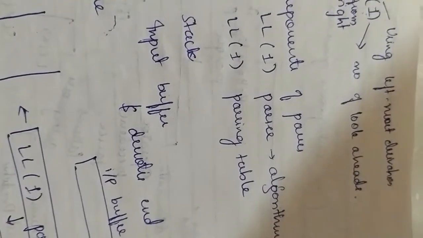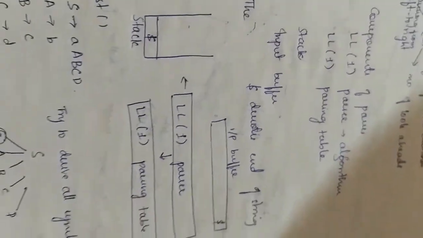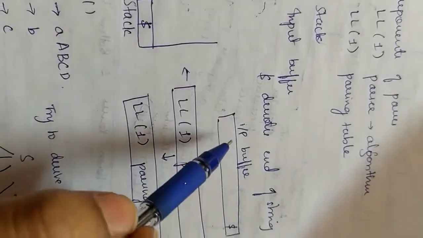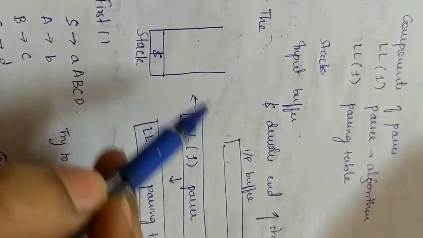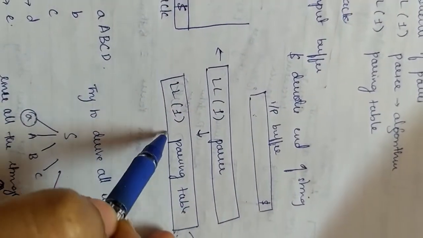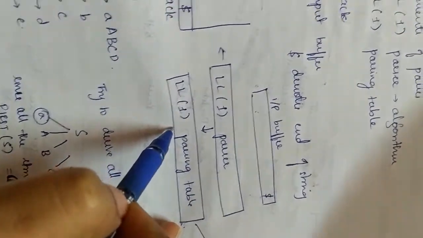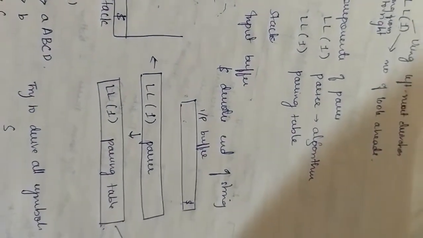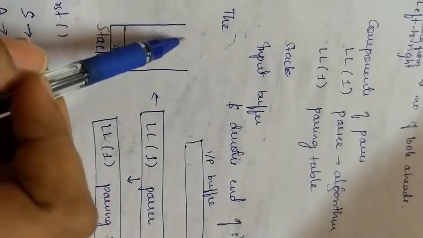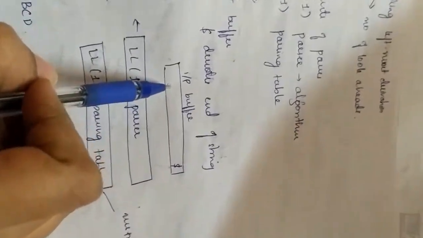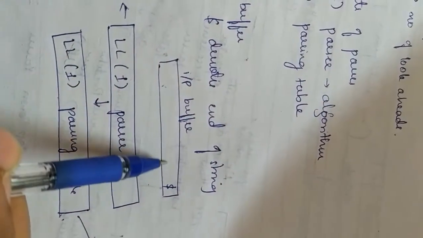So let's see what the components of the LL1 parser are. For LL1 parser, we have an input buffer, then a stack, then the LL1 parser, then the LL1 parsing table. These are the four components that we make use of in the LL1 parser. In the input buffer, we will store the input value.